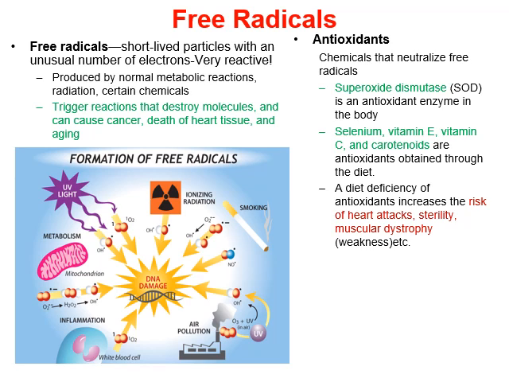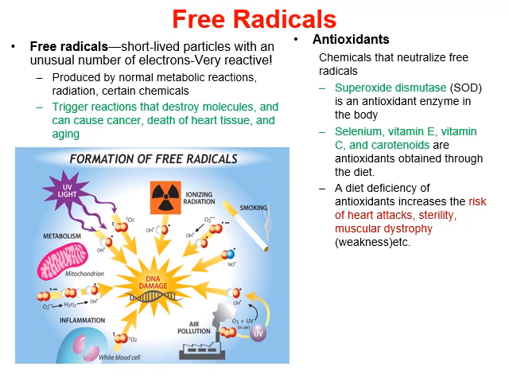So in nature, when ions are formed, they can also form something called free radicals, which are short-lived particles with an unusual number of electrons. So they have reacted, but they are not stable yet for various reasons due to the nature of the chemical particle.